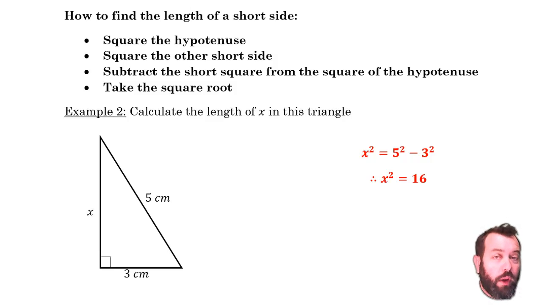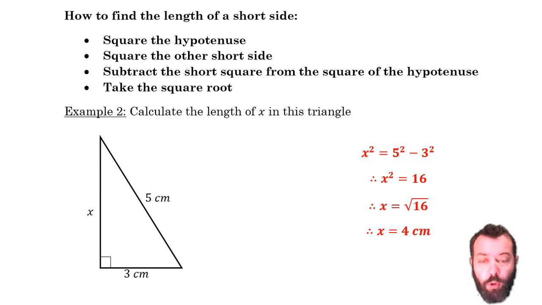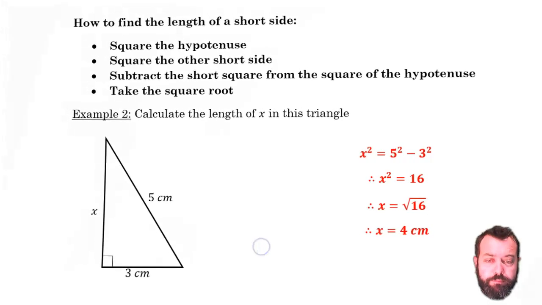Then I have to take the square root of that. The square root of 16 is 4. So this other side here is 4. And that's a combination of sides that's really common with Pythagoras' theorem: 3, 4, and 5. Good to remember. Handy for practical applications.